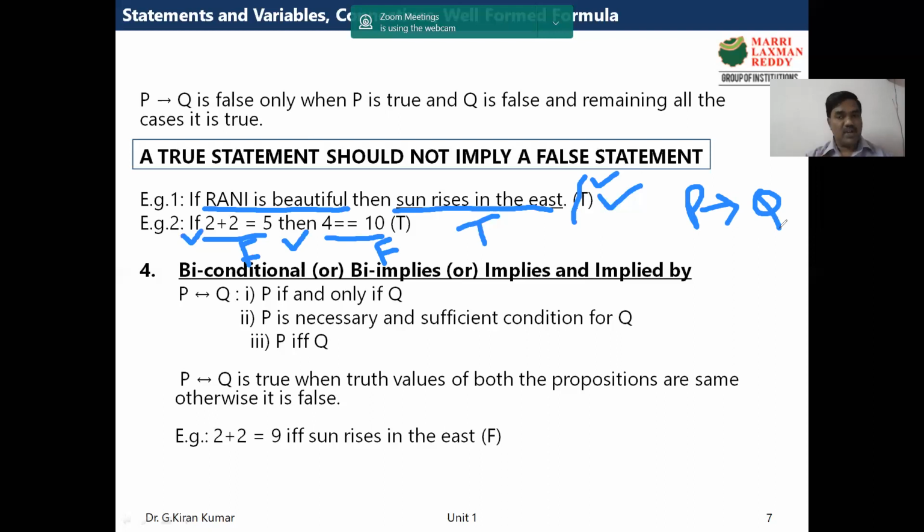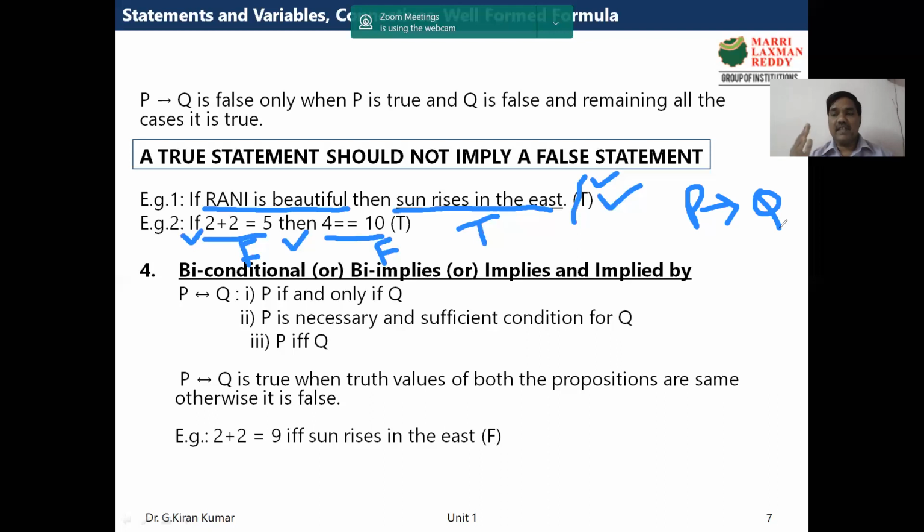One more important point. In P implies Q, as long as P is false, irrespective of the truth value of Q, that is always true. Why? Because if P is false, then Q could be false or true.